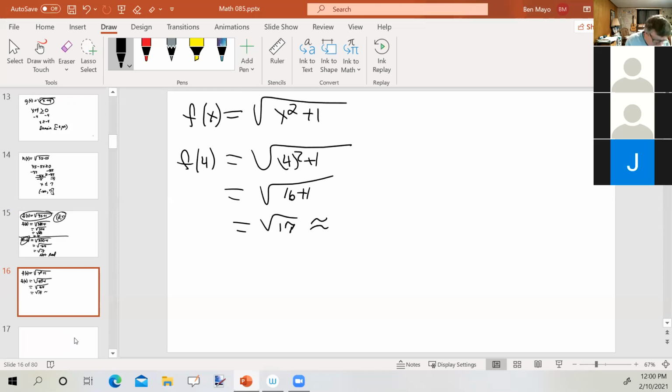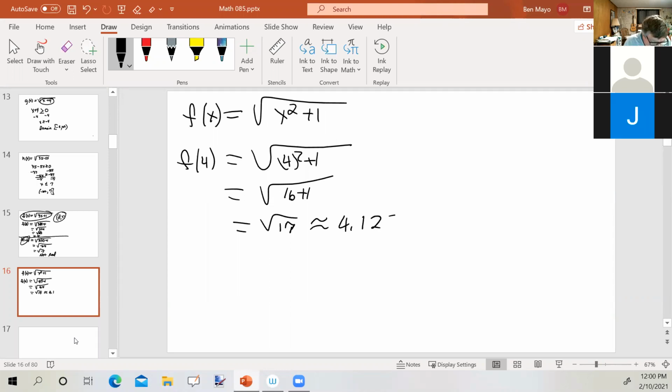Okay. And on the calculator, square root of 17, I'm getting 4.123105, et cetera, to 4 places. The 0 would just round down. So the square root of 17 is approximately 4.1231. Any questions there?